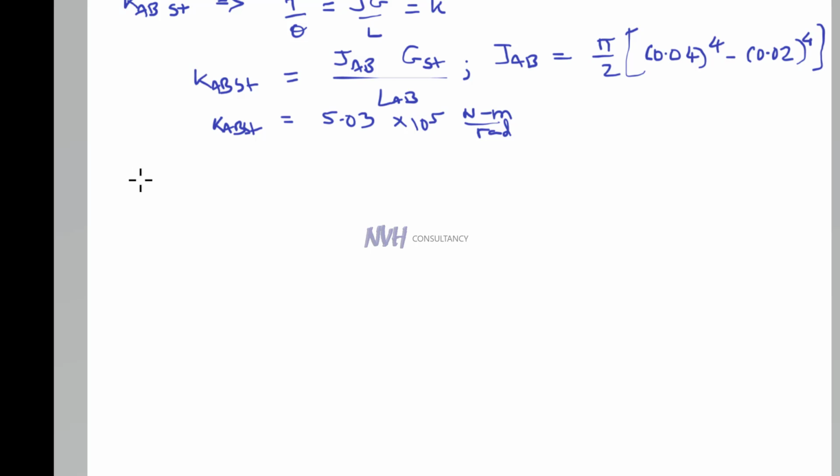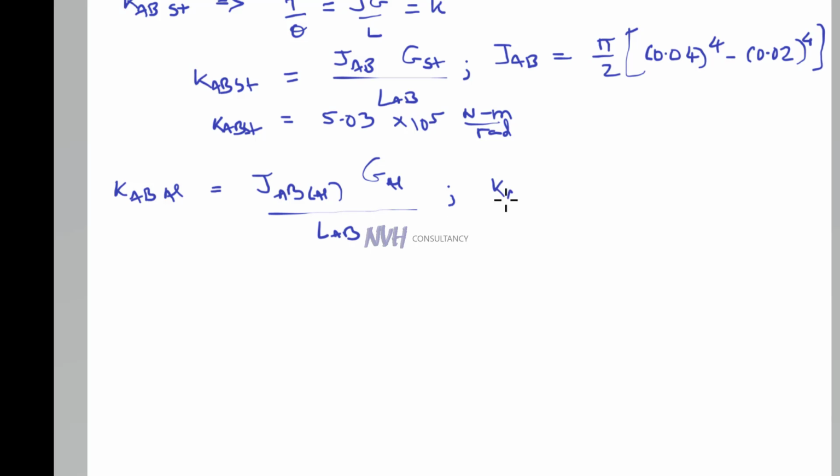Similarly, you can find it for the aluminium portion, which is the inside core. Again the same equation is used. JAB of just the aluminium, then G, the modulus of the aluminium, and the length will be the same.